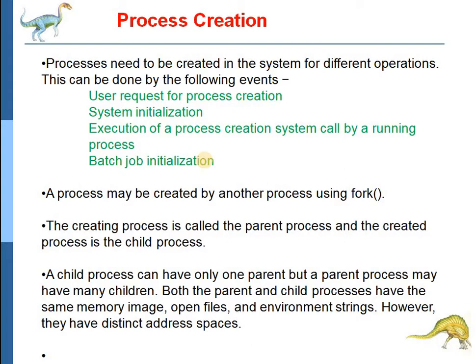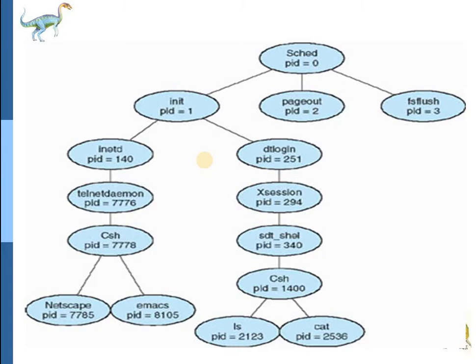In many operating systems, processes are identified by a unique process identifier, which is a unique integer value assigned to the process, referred to as PID, the process ID.